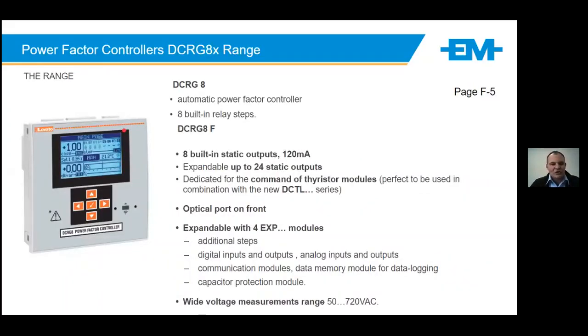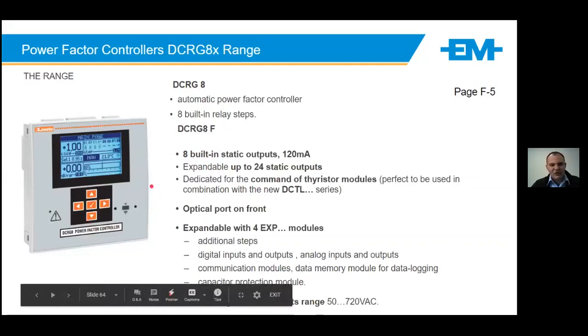Then our Rolls-Royce controller, which we would use on all our reactor-based systems and non-reactor-based systems, the floor mounts, the DCRG8 controller. By default, it would have 8 built-in steps. There's also a version which we call the DCRG8F, which has got 8 built-in static outputs. So this is what we would use for fast switching systems, which we will cover in later stages.